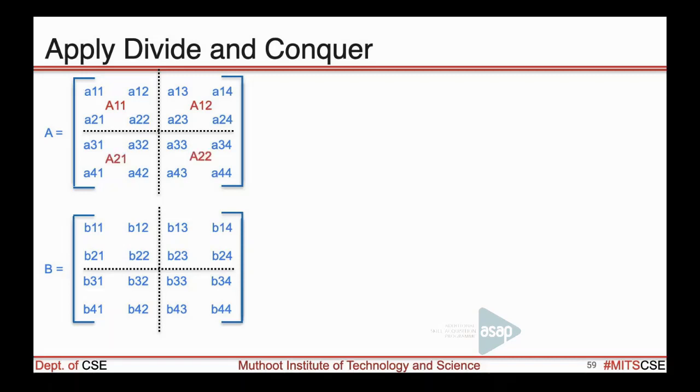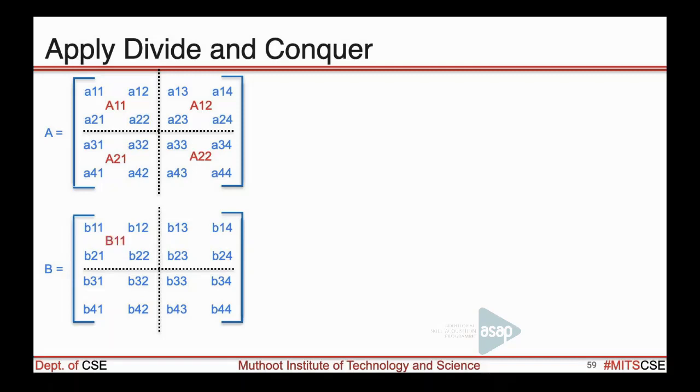Actually each of these contains several elements, but let A11 represent a single element, and A12 another single element. So I had a bigger matrix, I divided it, and I gave values.